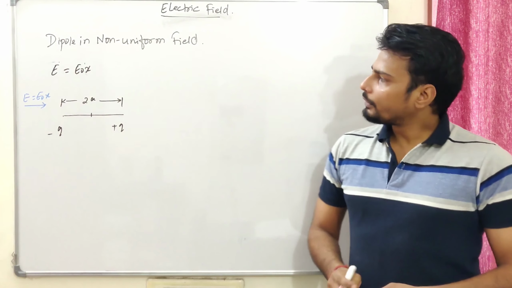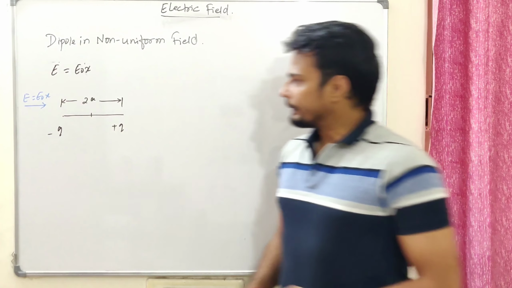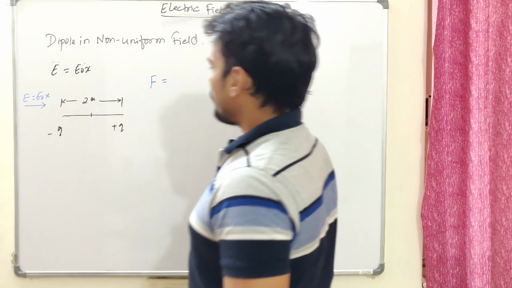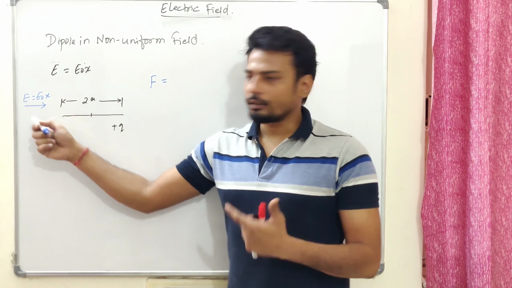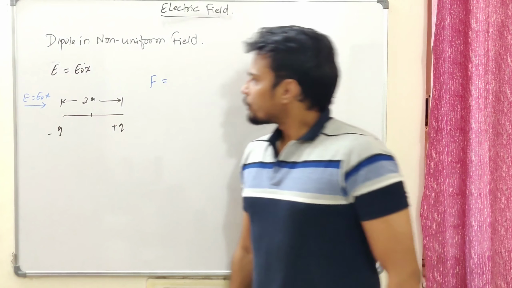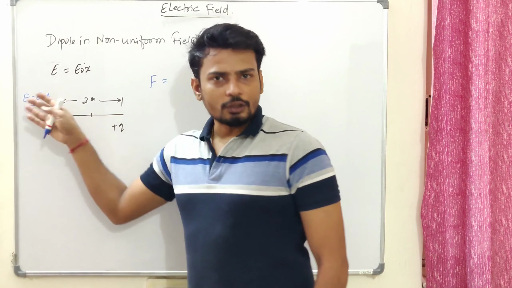We know that force is equal to E times q. Now the force should be how much? The moment it reaches here, this is going to have the higher magnitude at this particular point because of the x coming into the picture. So the net force on this charge should be towards the right and force on this one should be towards the left.